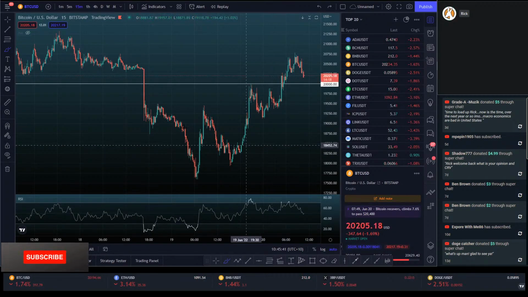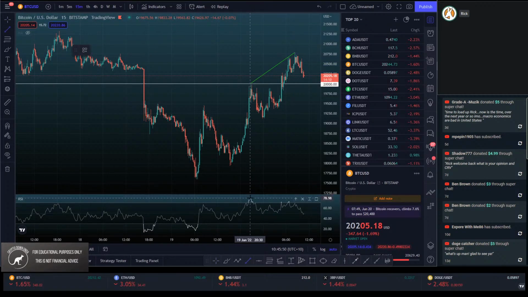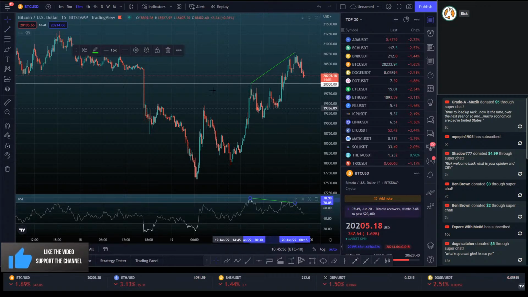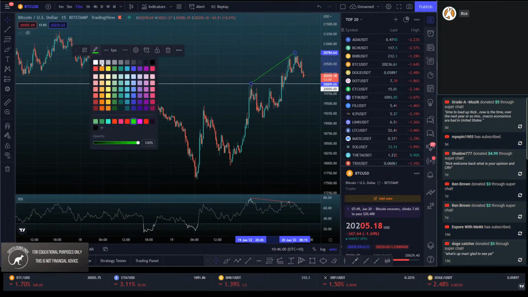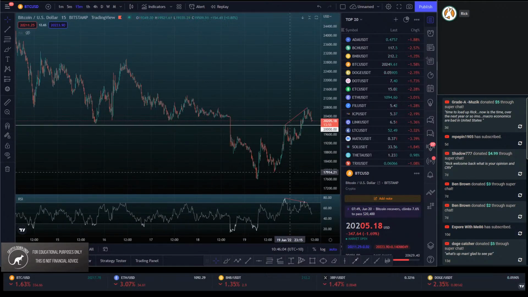And then we've got bearish divergence. We've got a high here going up to this high here, and the bearish divergence is quite obvious there. So we'll make that red. So that's bullish and bearish divergence.